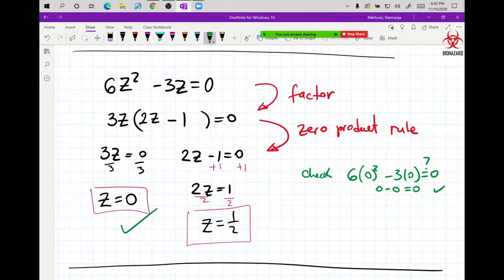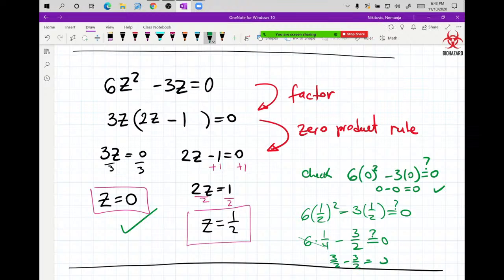It's really nice when you have equations around, because equations can be checked. Now we can go and check the other one, which is 6 times (1/2) squared minus 3 times 1/2. And is that equal to 0? And we do the same thing. This is going to be 6 times 1/4 minus 3/2. Is that equal to 0? When you cancel 6 and 4, you get 3/2 minus 3/2, and that's a 0.